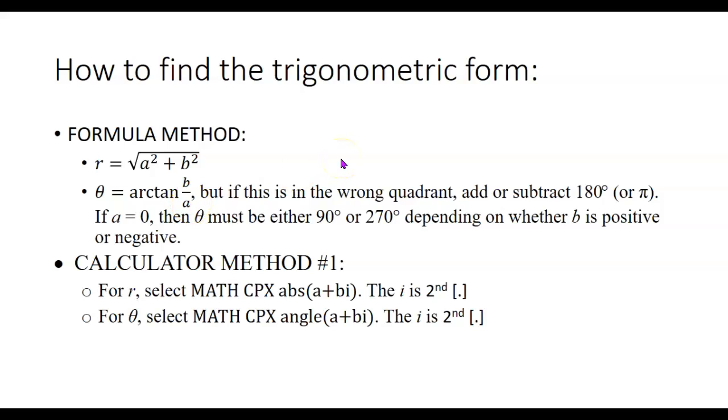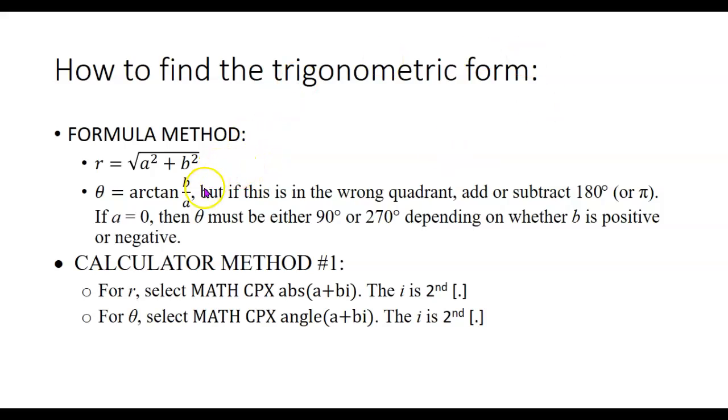Same thing, it can't tell the difference between b being negative and a being positive, or b being positive and a being negative. So if you just do this, it might give you an angle that is in the wrong quadrant. And if that happens, you just have to add or subtract 180 degrees if you're working in degrees, or pi if you're working in radians, to get the angle in the correct quadrant.